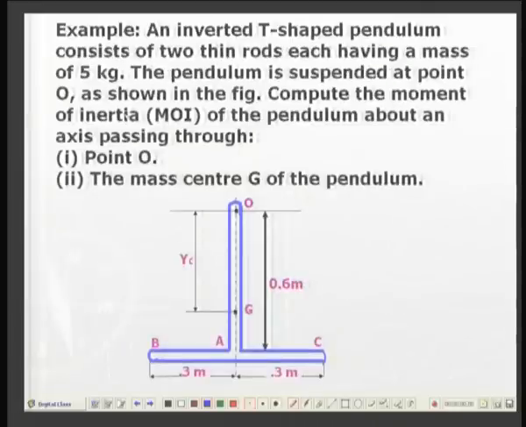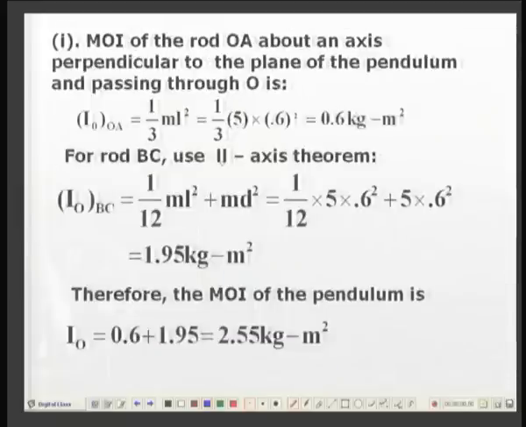So, the moment of inertia of the body OA, the vertical part, about an axis passing through the extreme end, is given by 1/3 times mass into length square. Mass is 5 kilogram and length is 0.6, so 5 into 0.6 square divided by 3 comes out to be 0.6 kilogram meter square.